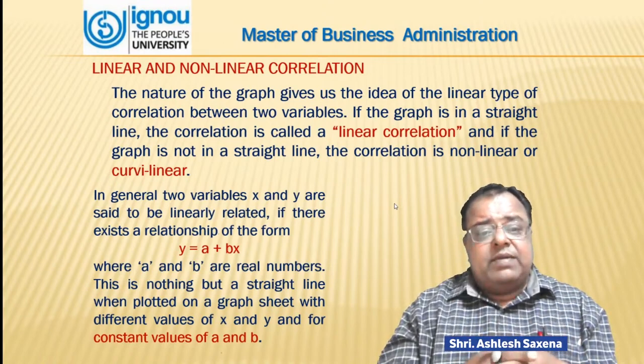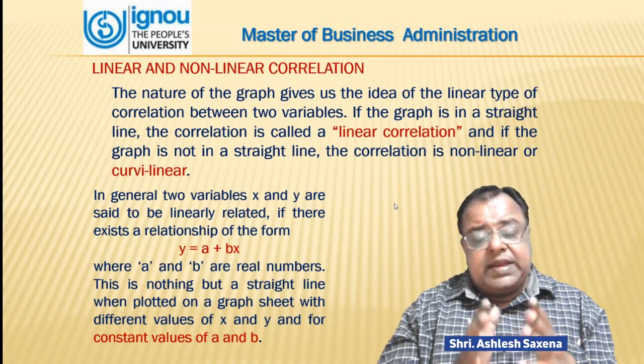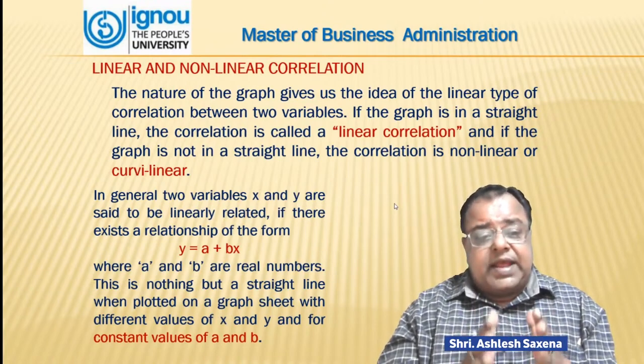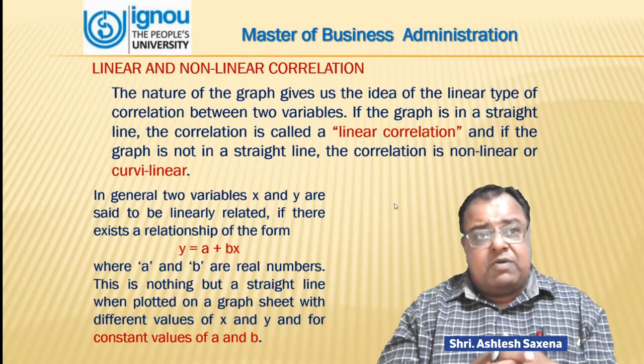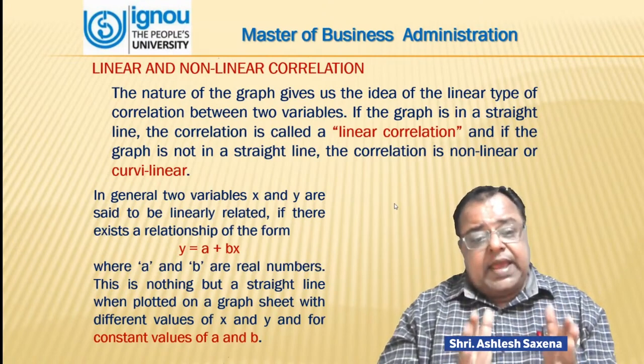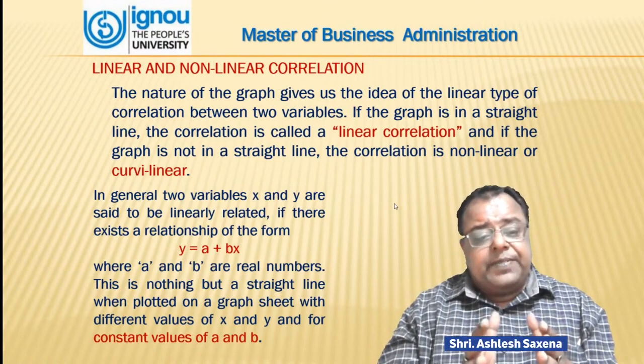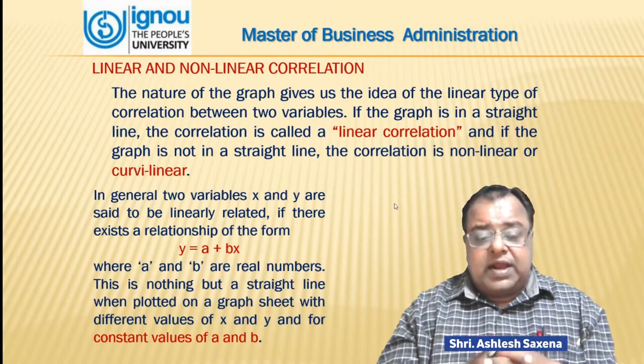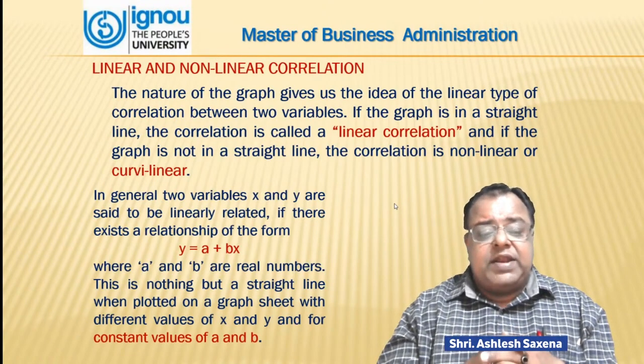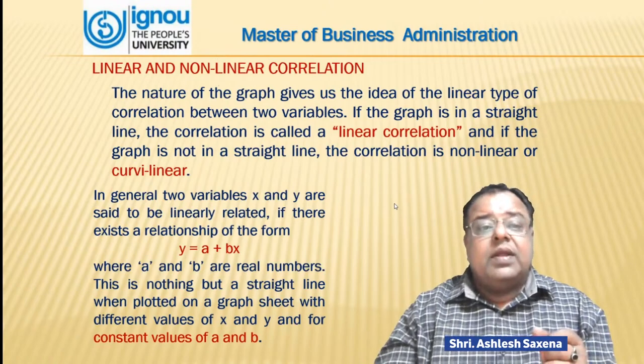In general, two variables x and y are said to be linearly related if there exists a relationship of the form y = a + bx, where a and b are two real numbers. This is nothing but a straight line when plotted on the graph sheet with different values of x and y for constant values of a and b.